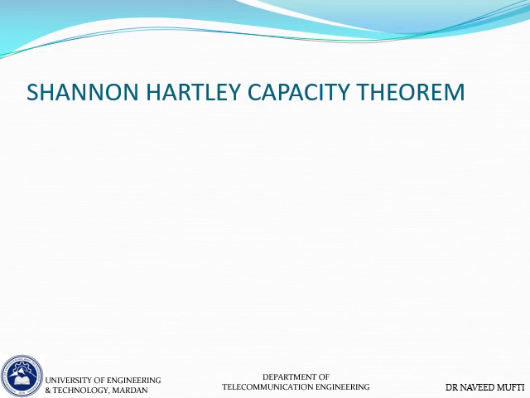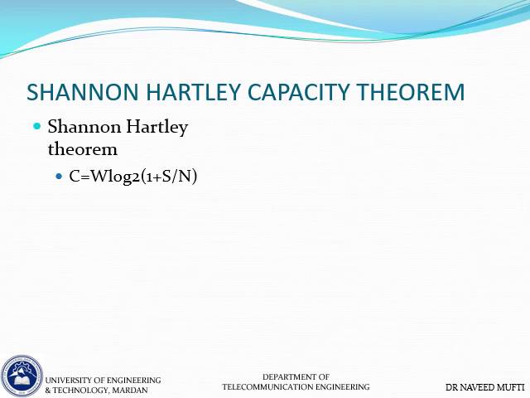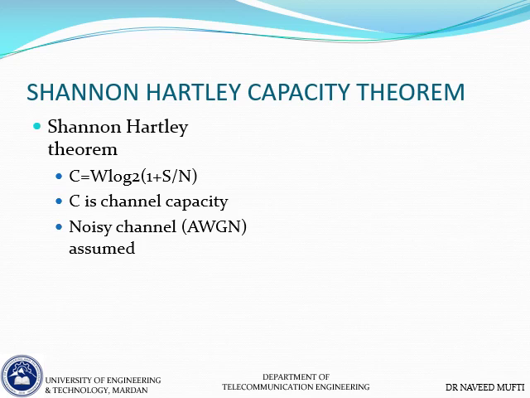Now coming over to the first thing, which is the Shannon-Hartley Capacity Theorem. We've already studied it, so we know what the Shannon-Hartley Theorem is. That is expressed by this equation here. So this equation we are familiar with. That is the equation for Shannon-Hartley Theorem, where C is the channel capacity and we assume a noisy channel.